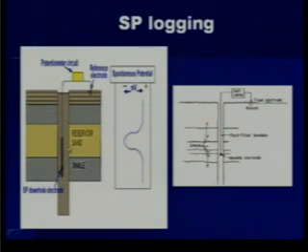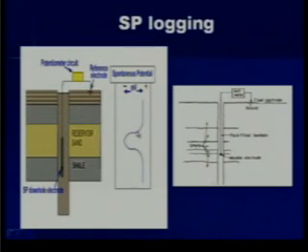One electrode on the surface, one electrode inside the borehole, and the borehole will normally be filled with drilling mud. Because of this, the natural potential that exists in the formation is measured between these two electrodes, and the signal is recorded by the digital recording unit, as you see in this picture.